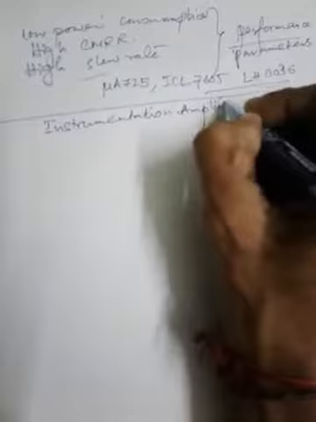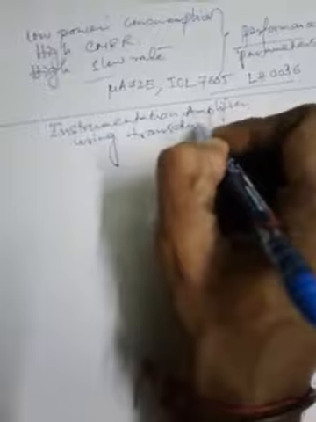Now since most instrumentation systems use a transducer in a bridge circuit, we will consider the simplified differential instrumentation system arrangement using a transducer bridge circuit. So we are now going to discuss the instrumentation amplifier using a transducer bridge, which is far more widely used, to explain the operation of the instrumentation amplifier.